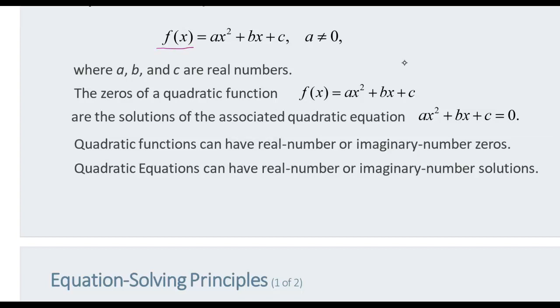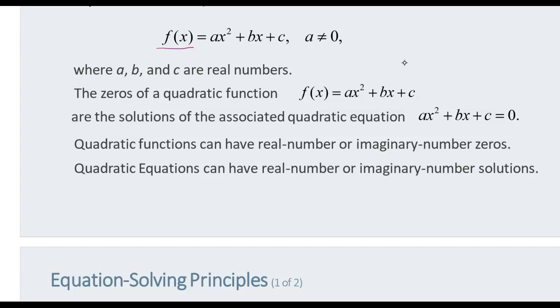It's still following the same pattern that we had in the last slide with the squared term first. And one of the things to consider is that when we find the solutions to the equation, those are considered to be the zeros of the equation, or where that graph crosses the x-axis, which is useful for us to determine what graphs look like.